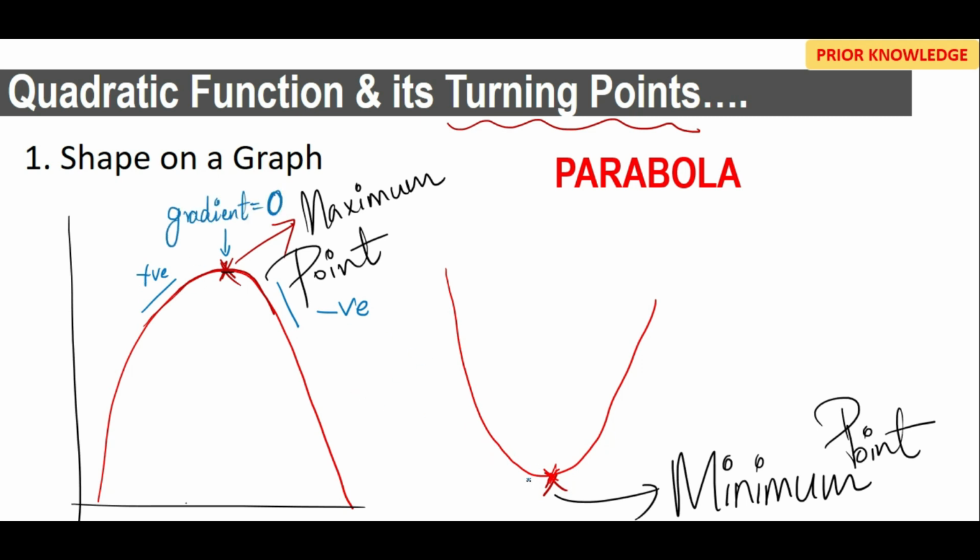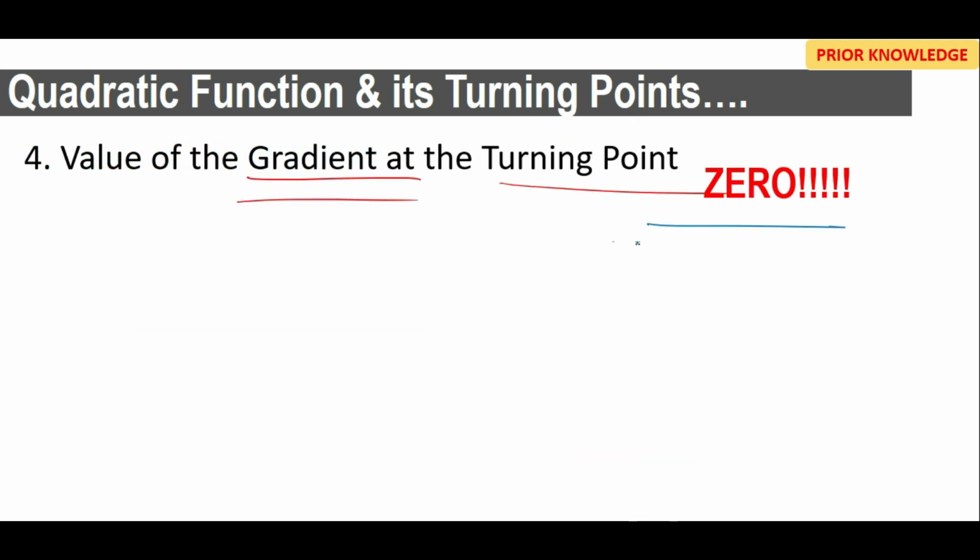And this is the same condition here. You see the negative gradient at this part, and the graph takes the turn here towards a positive gradient. And at this point where you have the minimum, the gradient is equal to 0. So these are some things which you have to remember before we move ahead.